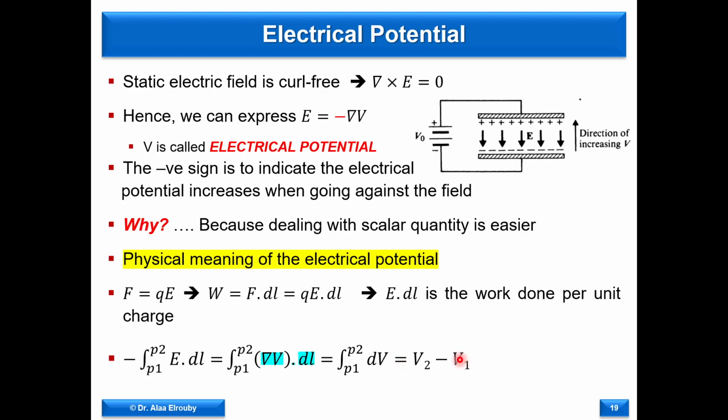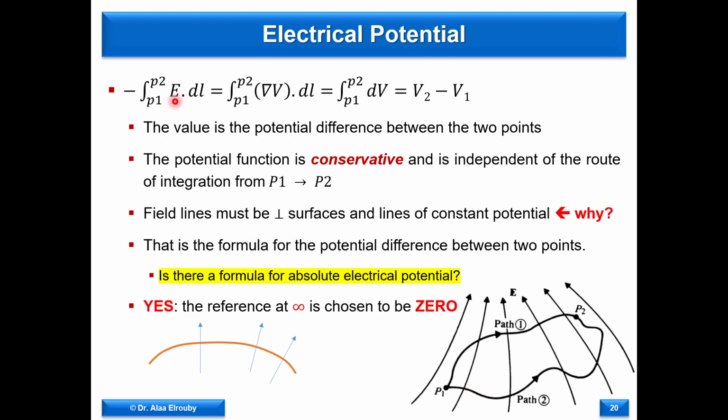So this is the introduction of a new quantity, the electrical potential, and the mathematical meaning and physical meaning of this quantity that we just introduced. So as I said, minus E dot dl from point 1 to point 2 is the potential difference between point 2 and point 1.